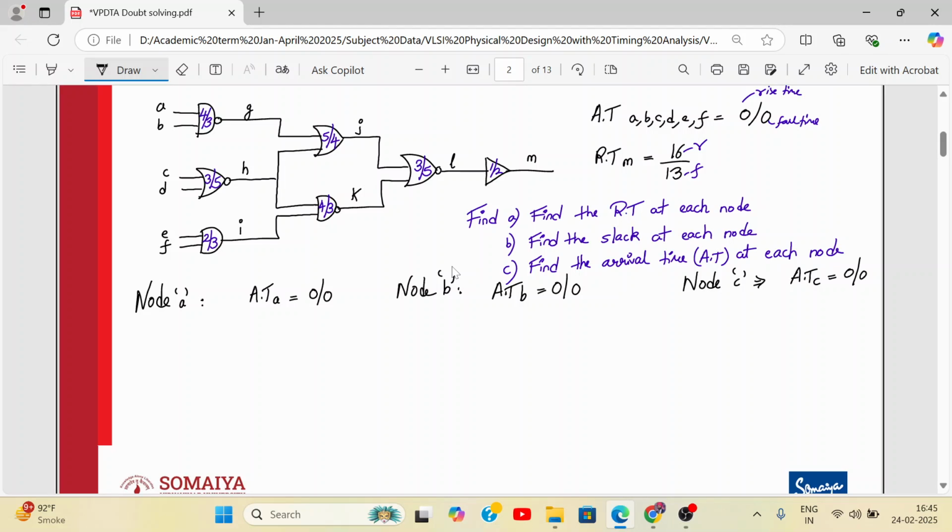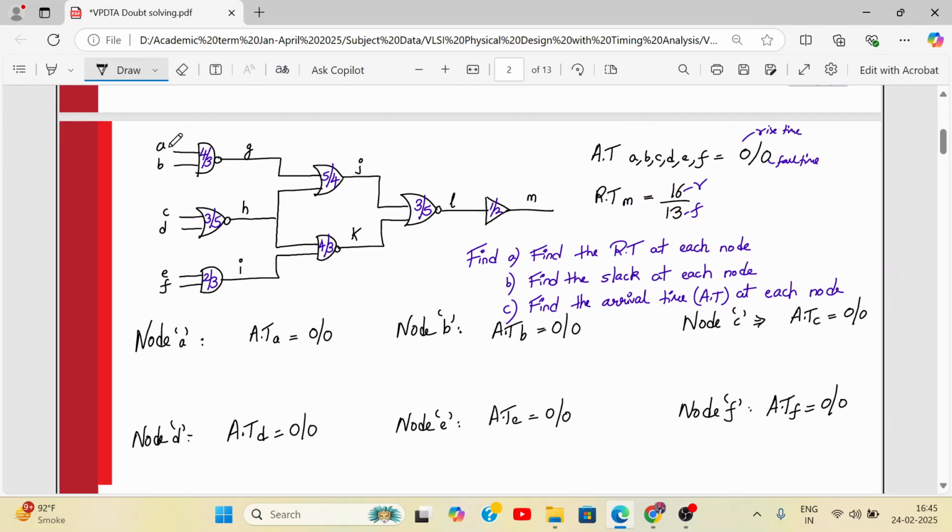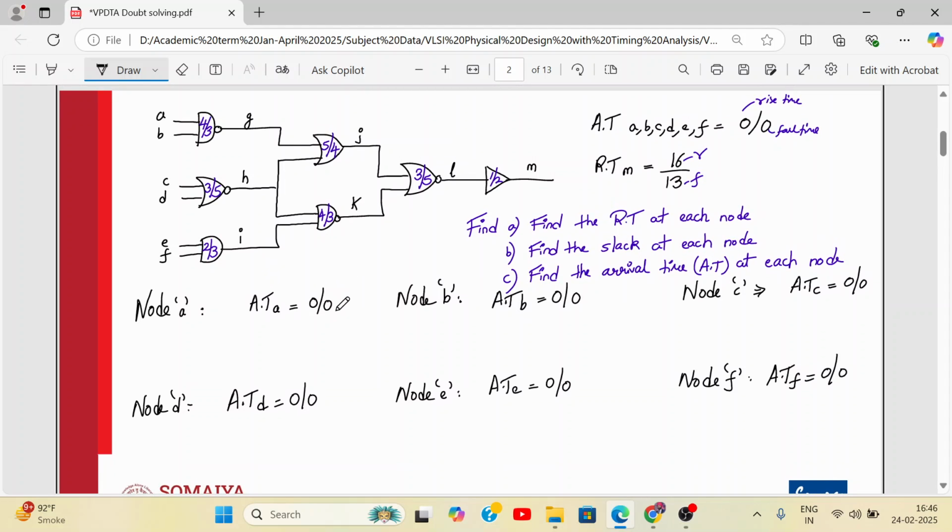Similarly, for node D, it's given to us till E. So arrival time is 0, 0. For node E, arrival time is again 0, 0. And for node F, arrival time is 0, 0. So all this was already written. We have just written it for particular individual nodes. So arrival time at A, B, C, D, E, and F is 0, 0. Rise time and fall time.